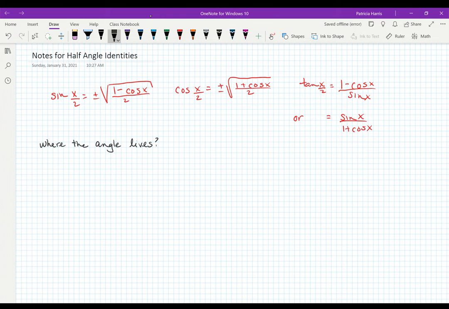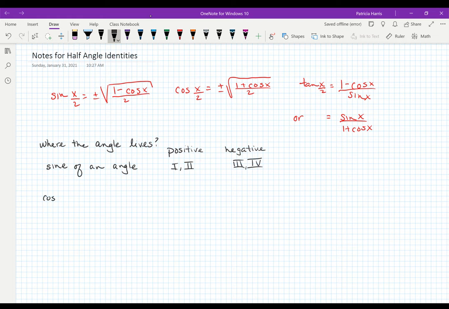Okay, so sine of an angle is positive in quadrants 1 and 2, negative in quadrants 3 and 4.